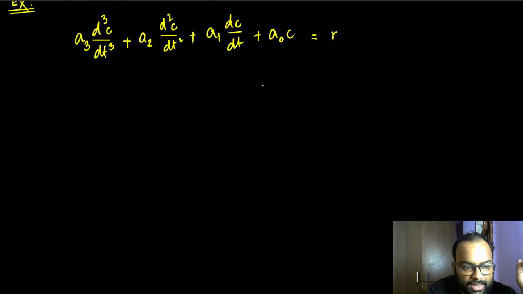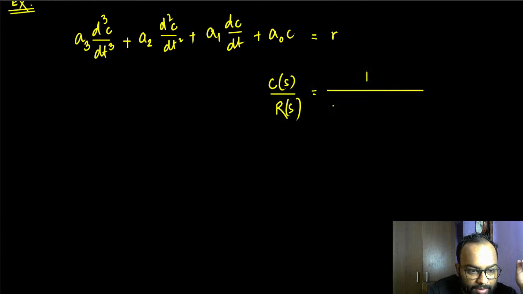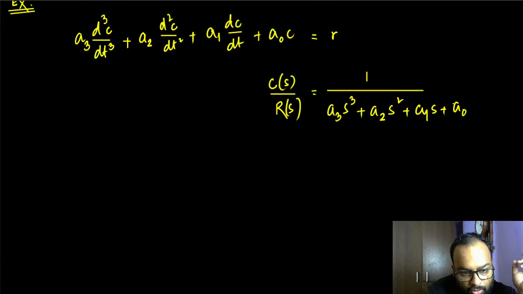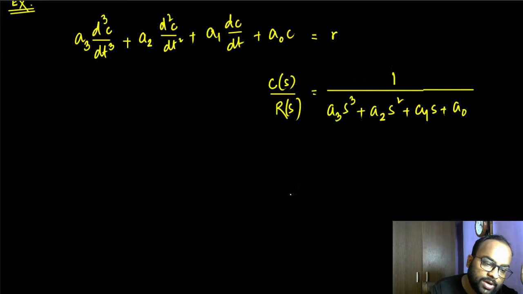we can write down the transfer function, which is C(s) by R(s), which is going to be 1 by a3 s cube plus a2 s square plus a1 s plus a0. That is the transfer function we're going to have.